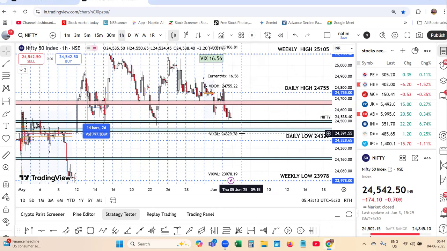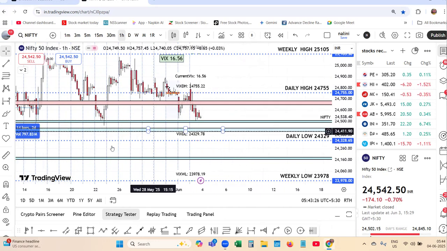Today it may dip down. If it dips down immediately, it doesn't look like that. It may be a slow and steady low process. It may go down. It may face resistance. Let us measure how many points from here.